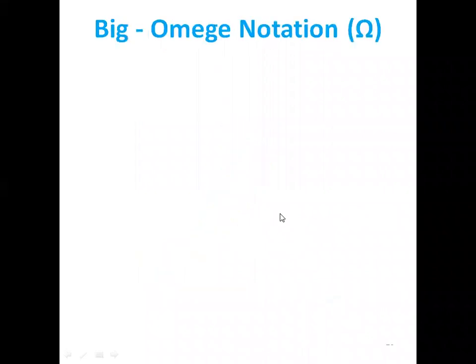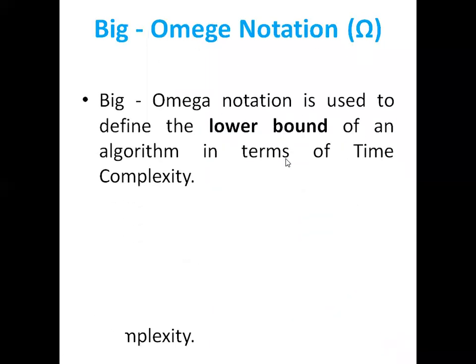Okay, then second is big omega notation. So it is known as lower bound of algorithm in terms of time complexity.